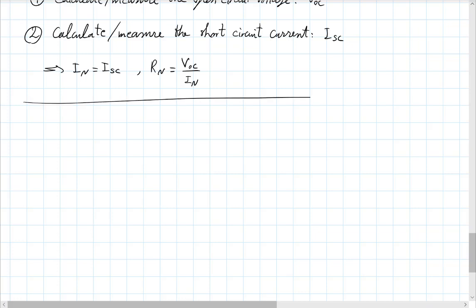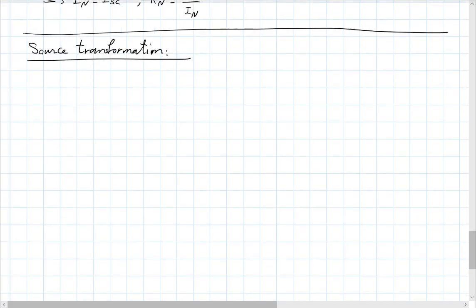So this brings me to the notion of source transformation. That means switching between, or transforming, a Thevenin circuit to a Norton circuit and vice versa.